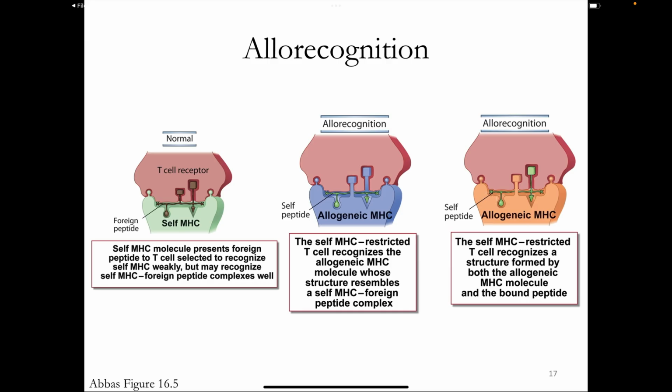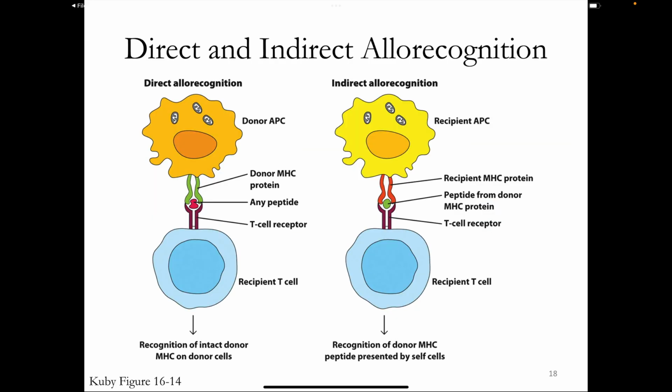And so sometimes foreign MHC will have an amino acid structure, a three-dimensional structure that will look like self-MHC plus peptide, just because of how the atoms are there in the structure. And so sometimes your T cell will be able to react with some foreign MHC and think that it is a foreign peptide being presented. And so that's really how allo recognition works.